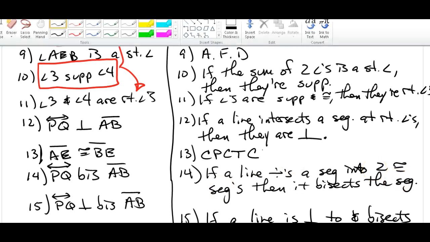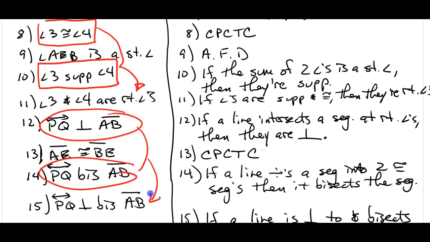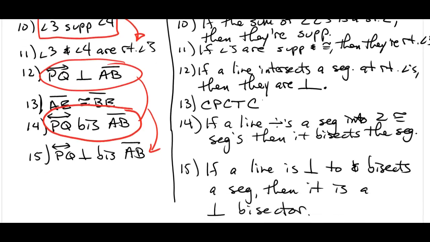So then I'm going to put this together with this to get that. Okay, here's my perpendicular, here's my bisect. I put it together to get perpendicular bisector. And 15 steps later, we have if a line is perpendicular to and bisects a segment, then it is a perpendicular bisector.